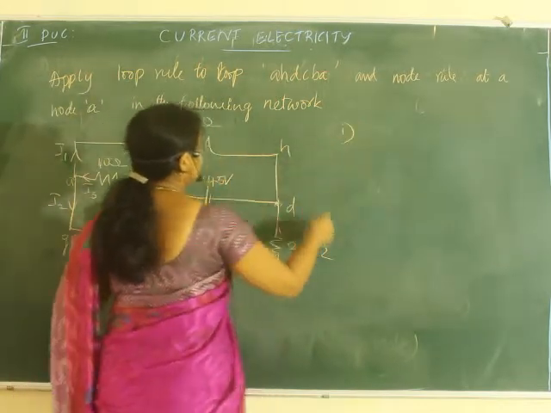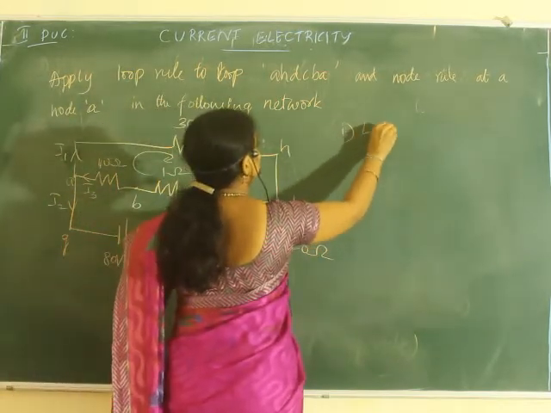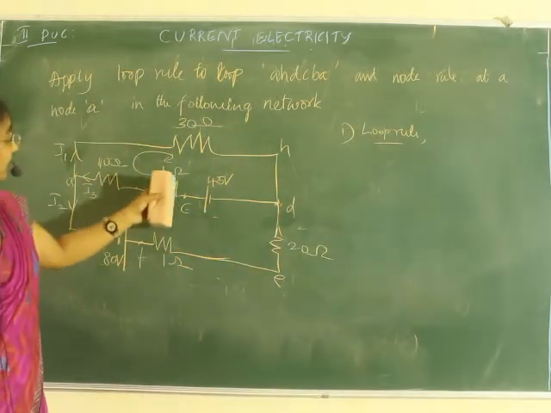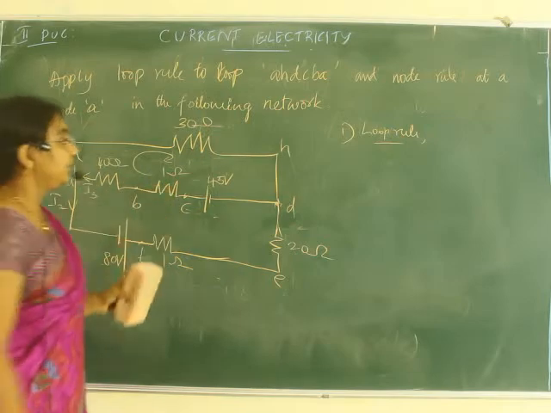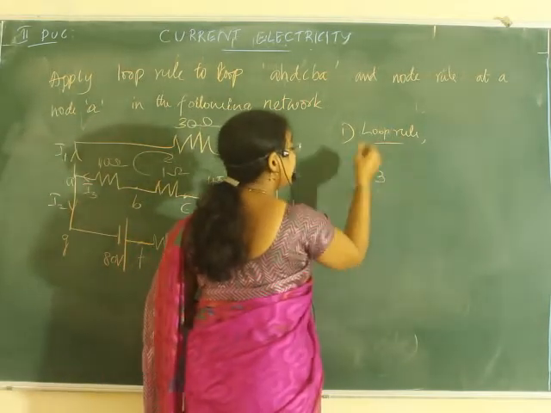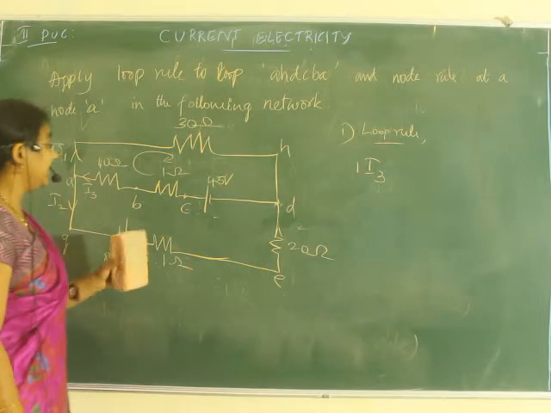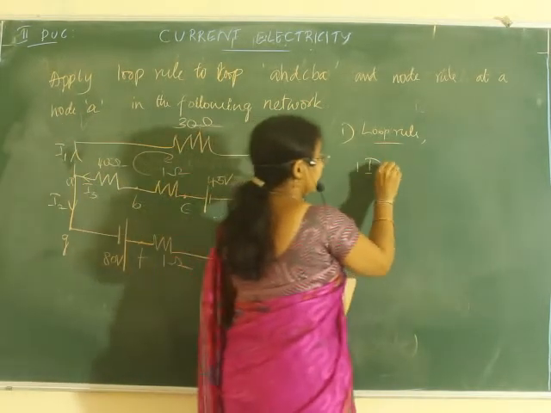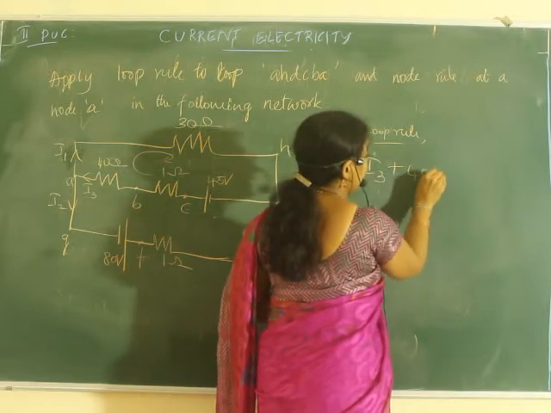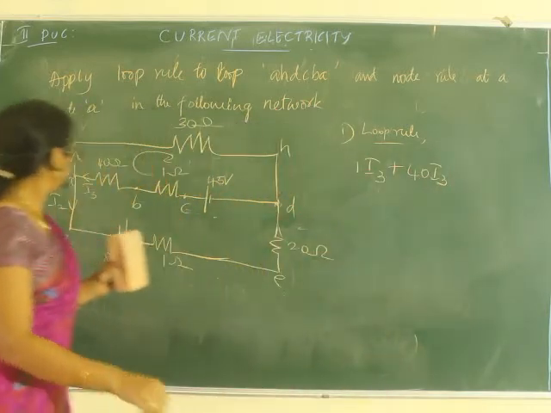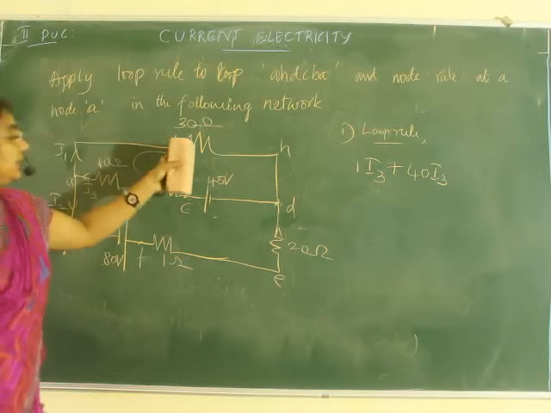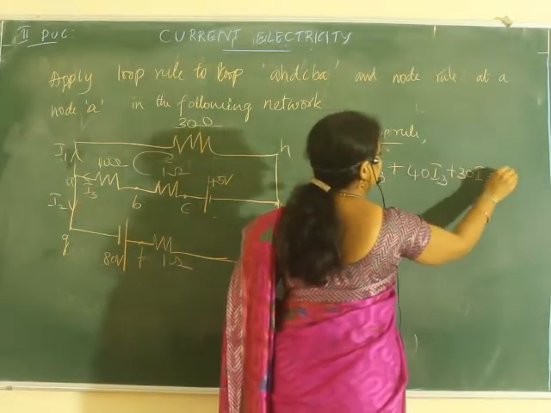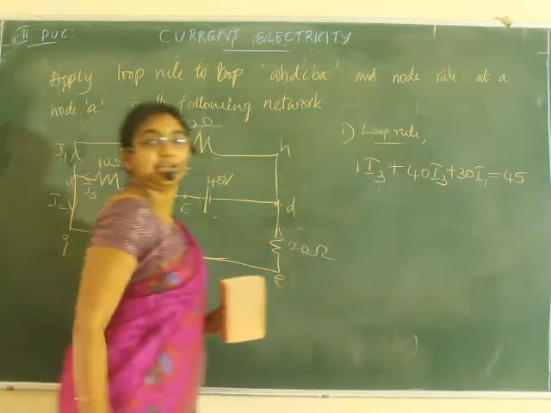First one, loop rule. 1 I3, correct? IR. For this 40 ohm, current is I3. So plus 40 I3, 30 I1 is equal to 45.